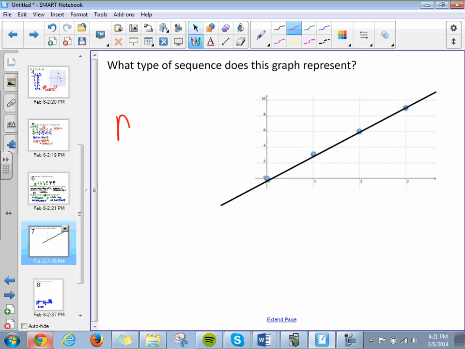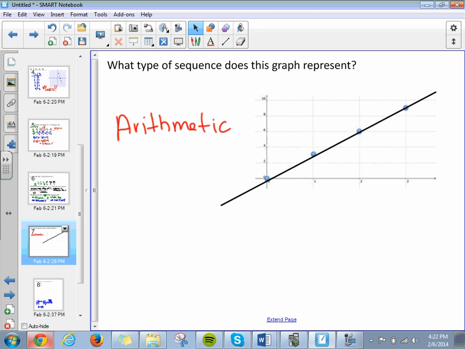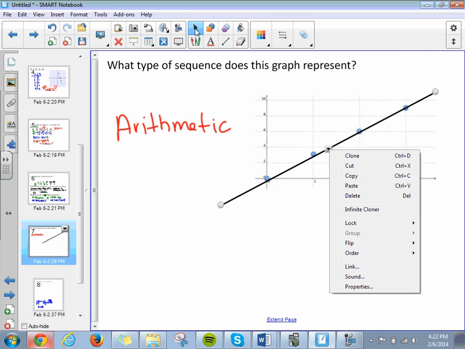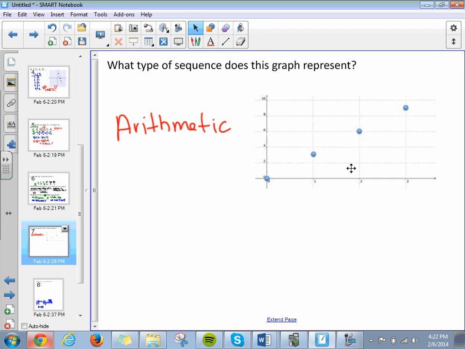We have a linear function, and really what we're seeing here is we have something that's arithmetic. We know that if it was geometric, we would see a very rapid increase or decline. So right now we have the arithmetic.